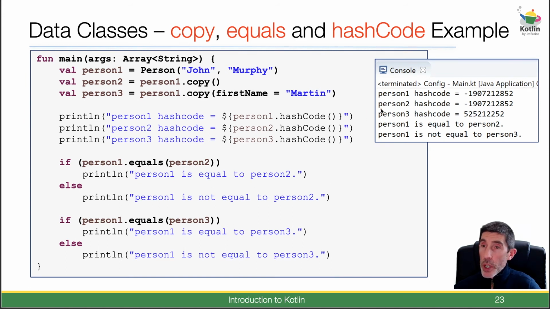So here person1 is equal to person2 because they have the same data, whereas when we compare person1 to person3, they're not equal because we changed the first name. So just be clear that .equals compares what is inside the objects, not the actual object references themselves.